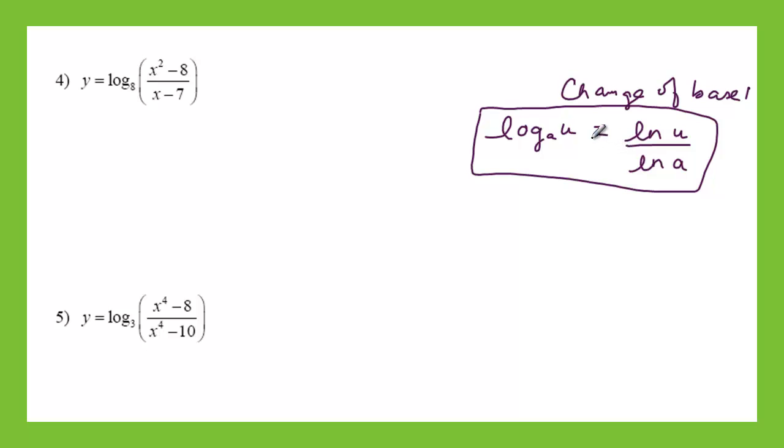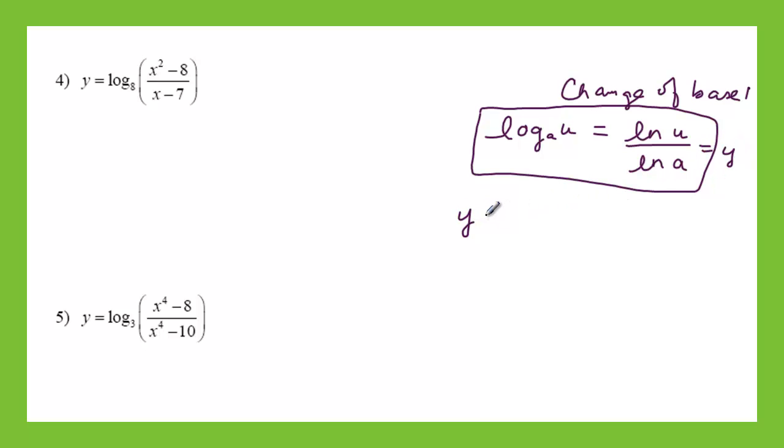Okay, so now if we're looking at this, the u in this is a function in terms of x. The a is just some number, right? So that means that the natural log of a is a constant and the natural log of u is a function. Now if we want to develop this derivative rule, let's just say we're going to let this equal y.